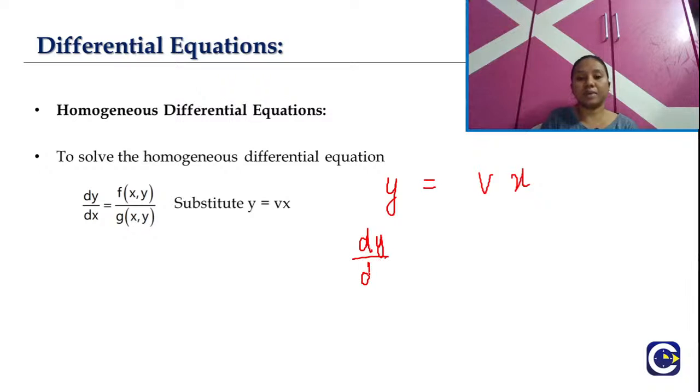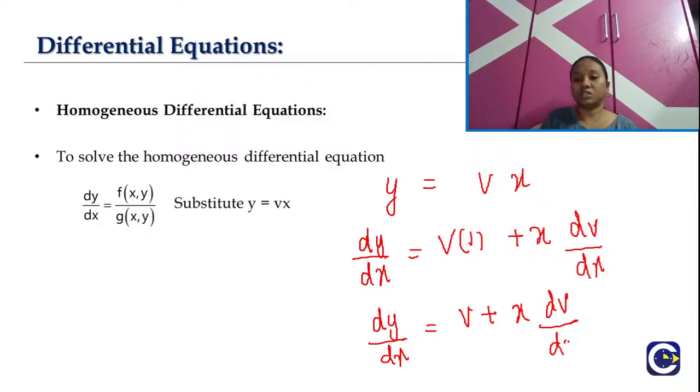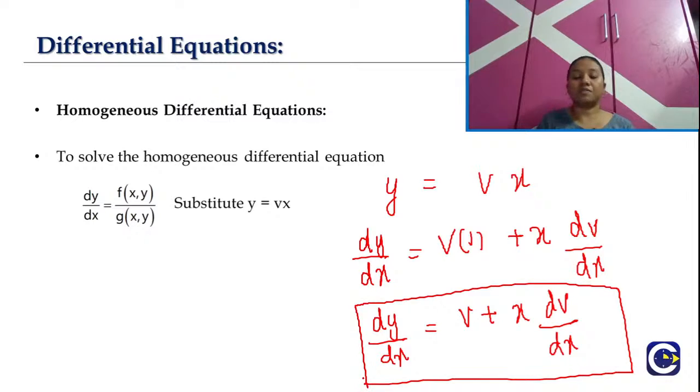That means dy by dx will be equal to v times the differentiation of x, which is 1, plus x into the differentiation of v, which is dv by dx. So in place of dy by dx, we substitute v plus x into dv by dx. This will be the further substitution after the assumption y equal to vx.